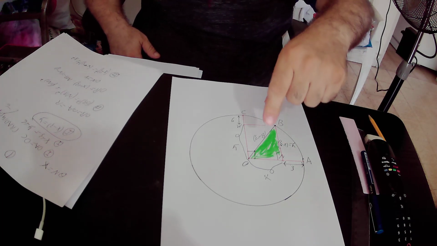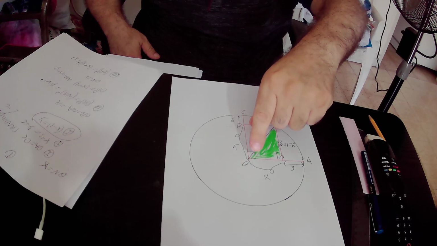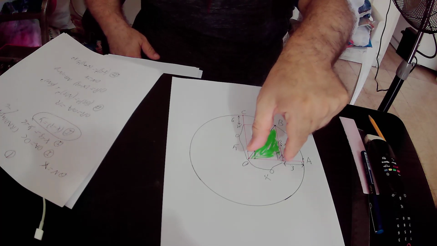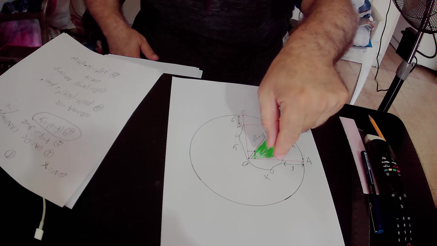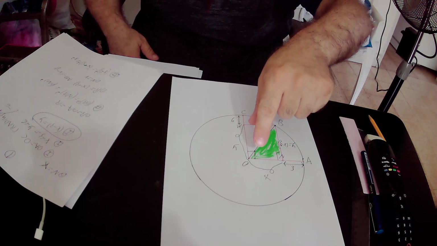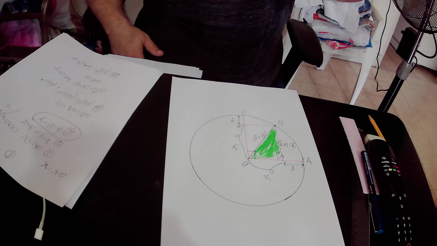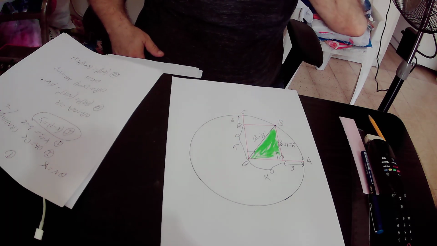We defined line segment MO as y and line segment NO as x.